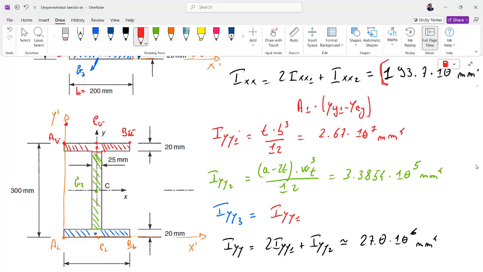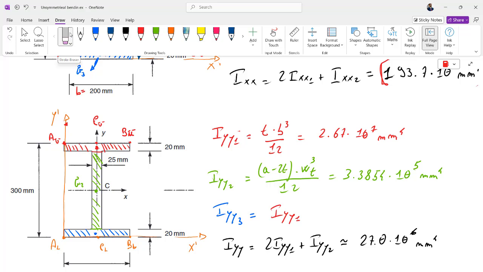Cg is the center of gravity, or centroid, of the whole cross-section, but this quantity Iyg1 minus Ycg is equal to 0, because all these centroids lie on the axis y, so the distance from Ycg is equal to 0 for all three rectangular shapes. So we have only the moment of inertia with respect to the own centroidal axis, that in this case is the y-axis.